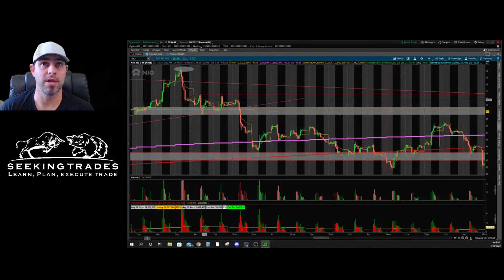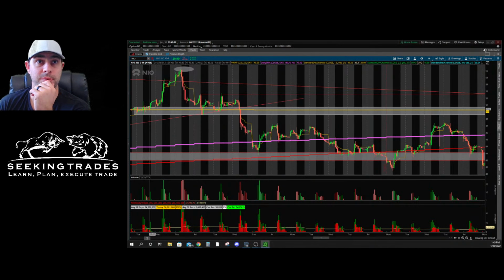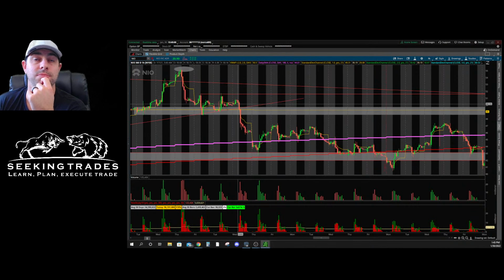This whole area is just chopping sideways, but that's okay. Then it's going to come right back down into that which was the demand zone, and this is going to be right on top, and this is now the supply. So there's a lot of supply.